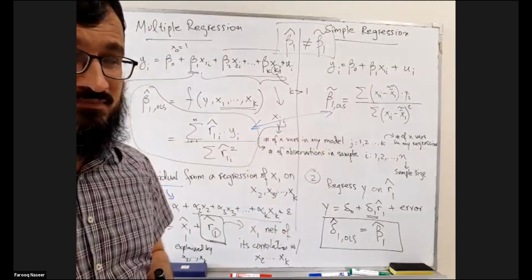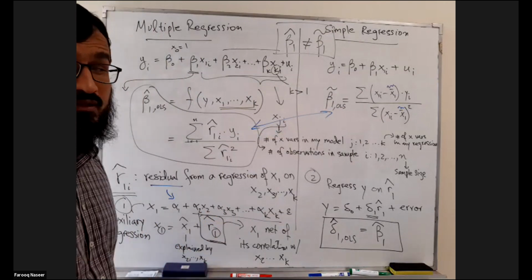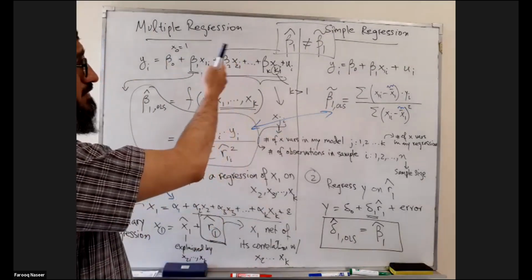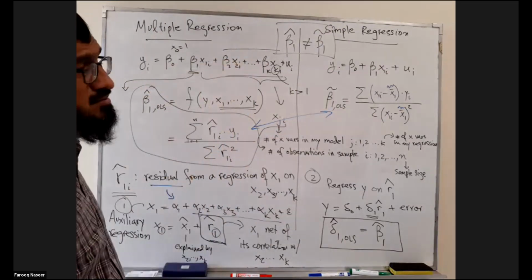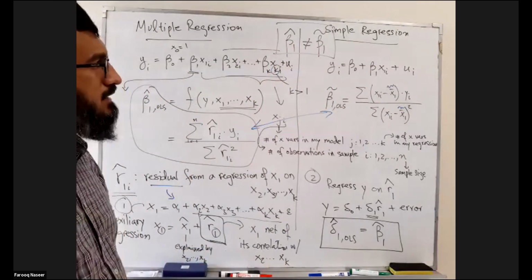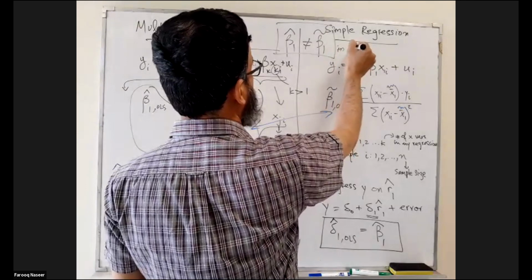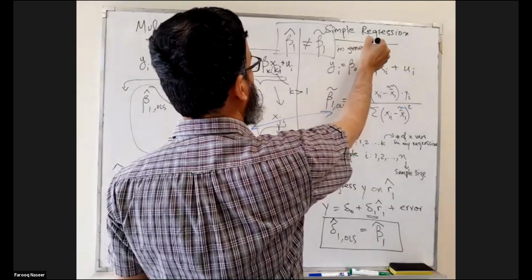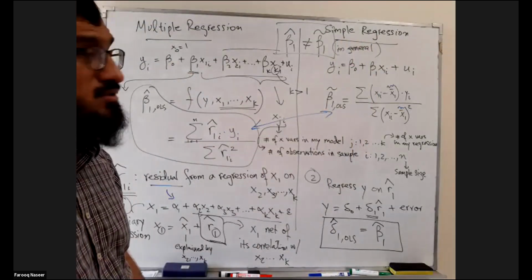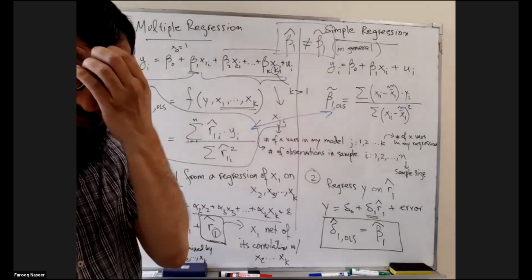So as long as x1 has some correlation with the added variables, and if those added variables have non-zero coefficients, these two coefficients will not be the same. So in general, I can say that there will be some situations in which adding more variables has no effect on the existing slope coefficient. But in general, the two estimates will be different.